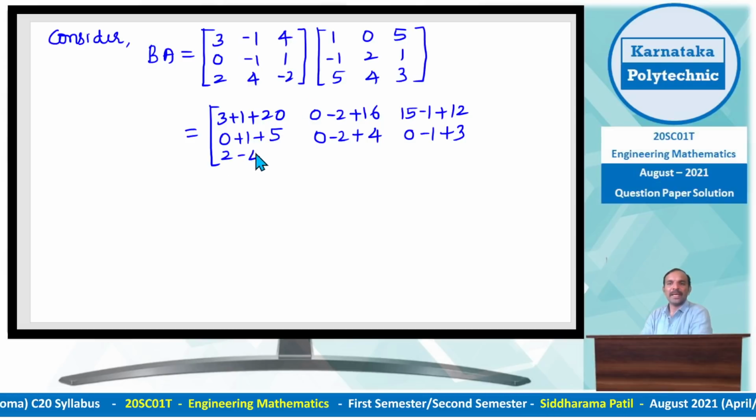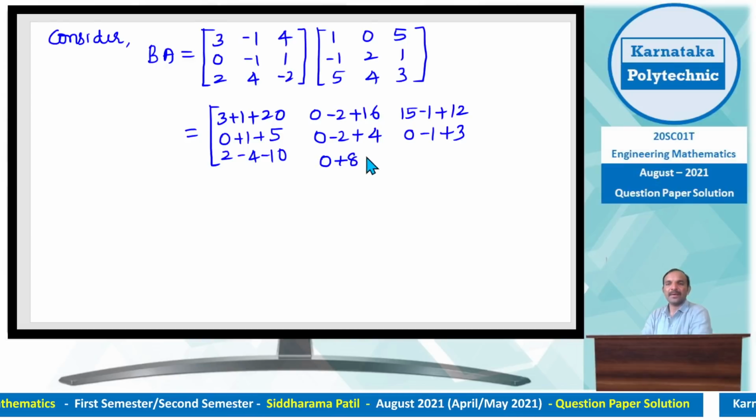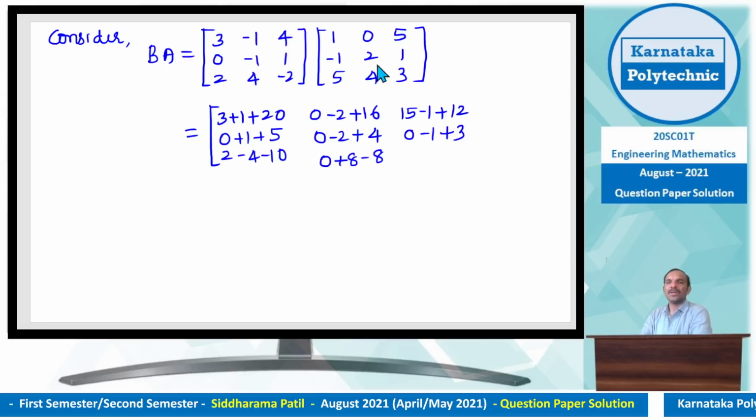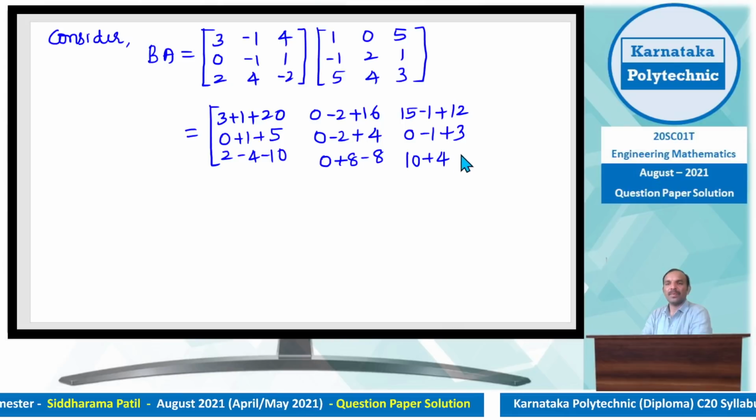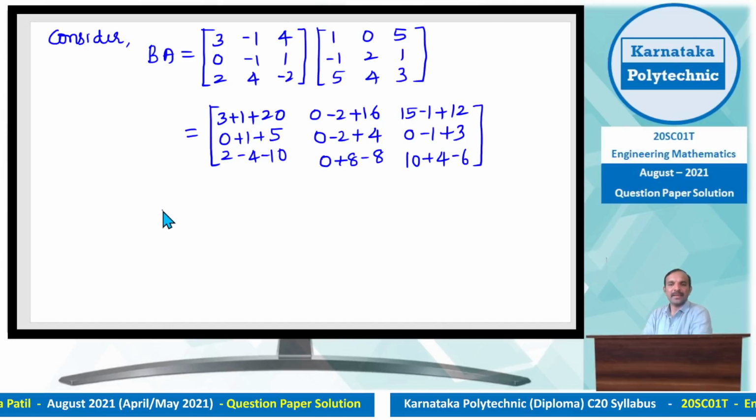Next 0 plus 8 minus 8. Third row third column 10 plus 4 minus 6.